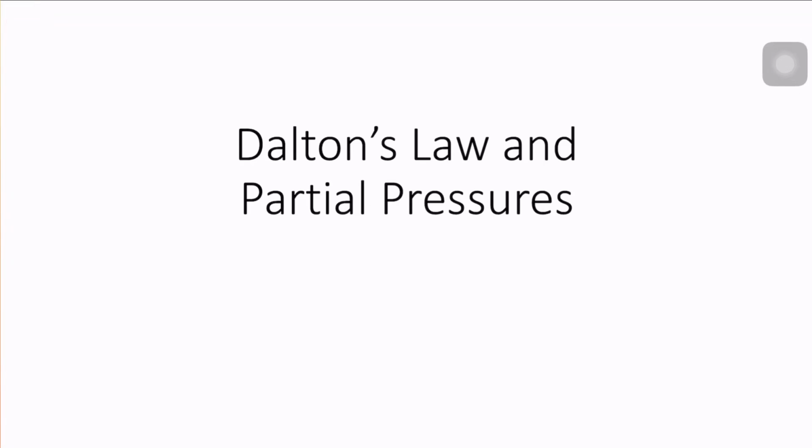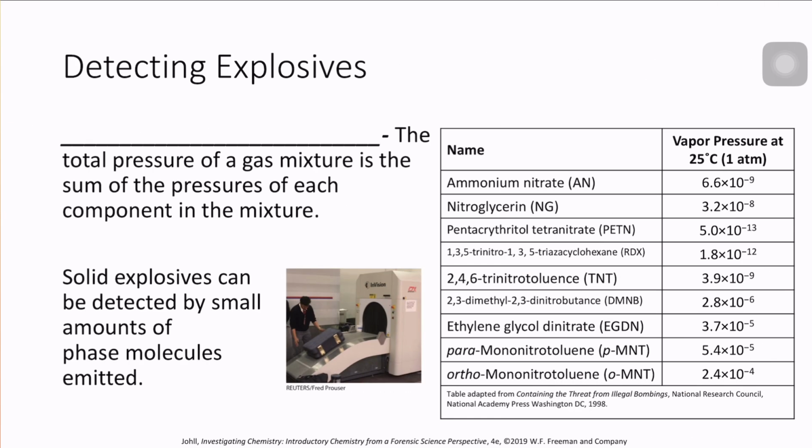In this video, we are going to talk about Dalton's law, which relates partial pressures of gas mixtures. Dalton's law simply states that the total pressure of a gas mixture is equal to the sum of the partial pressures, or the pressures of each component in that mixture.